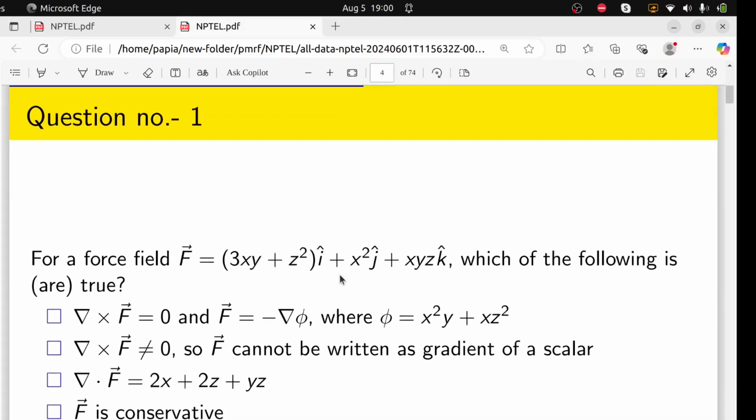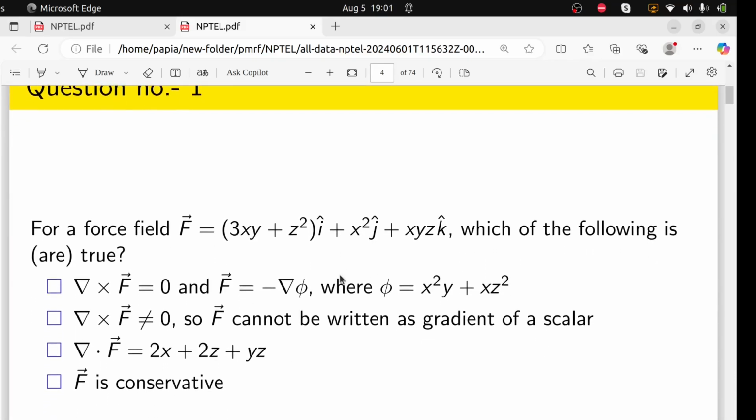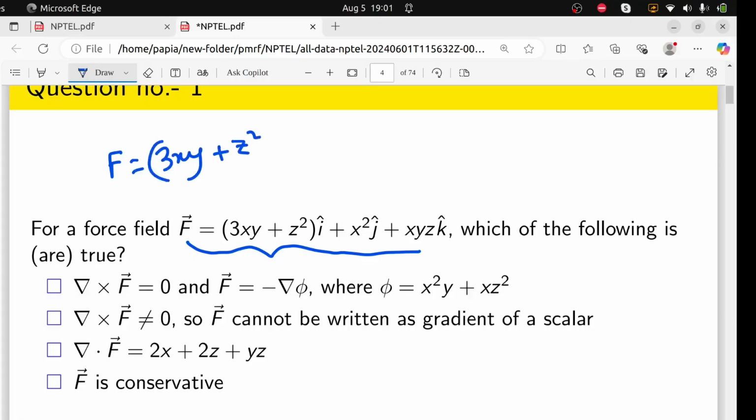And okay. So the first question is, for a force field F given as 3xy plus z square i cap plus x square j cap plus xyz k cap, which of the following is or are true?